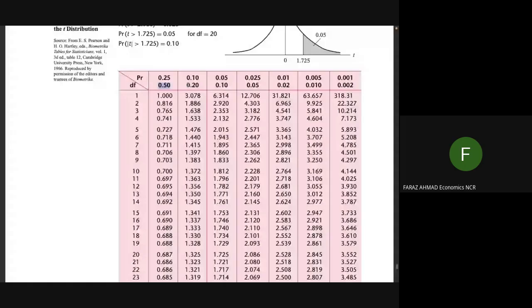That means the p-value would be between, because it's a two-tailed test, so we will look at the bottom one, 50% and 20%, right? So something very close to 50%, because 0.77 is very close to 0.765, right? So it is very close to 50%. Of course, it is between 20 and 50%, right?